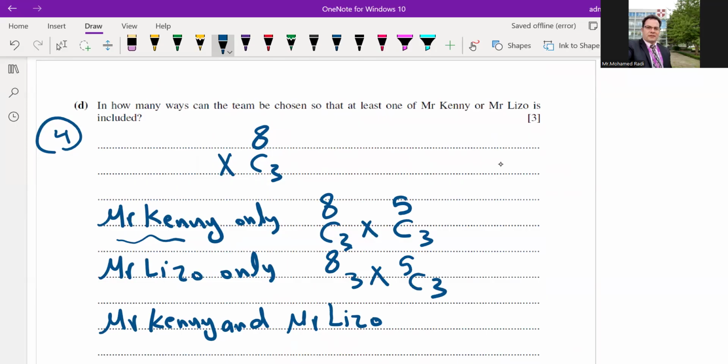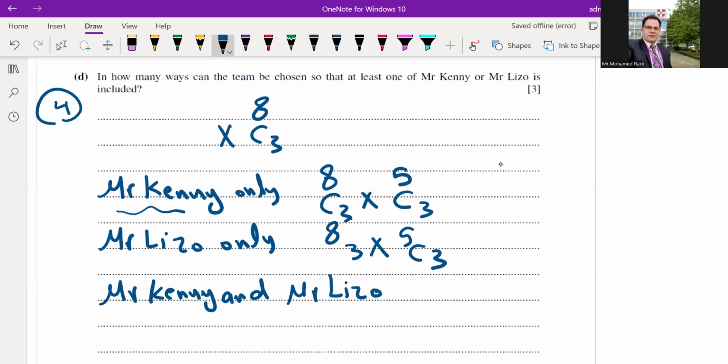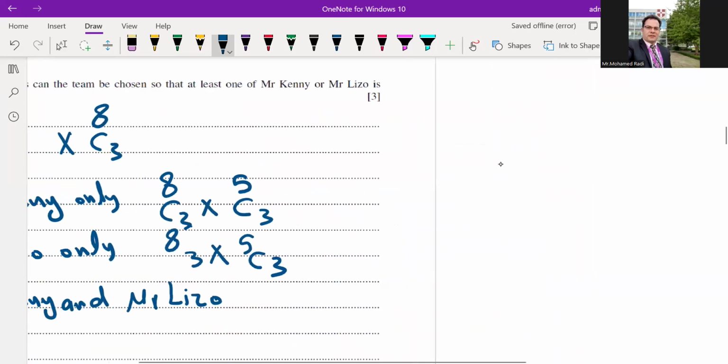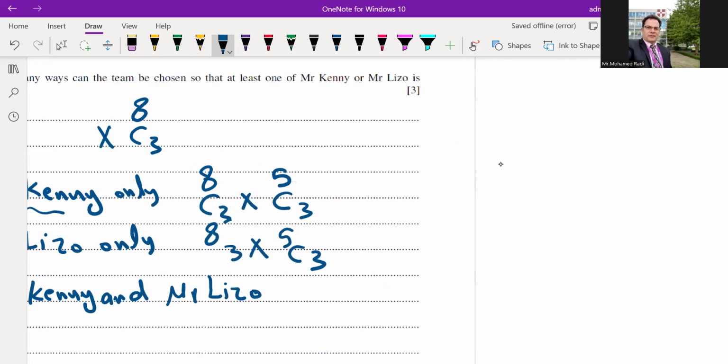So we can take one case multiplied by 2. But remember, each time we write firstly 8C3, this is for the children. If Mr. Kenny and Mr. Lizo will both be in the group, now we have to complete the group with 5C2. In between multiply, find the first case, the second case, the third case, then add.